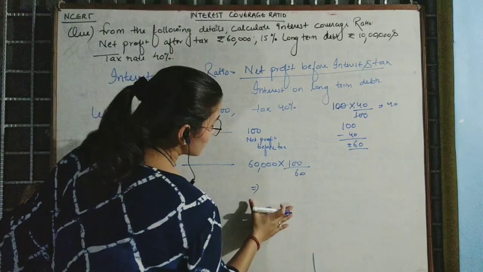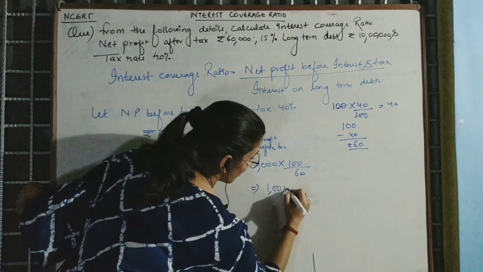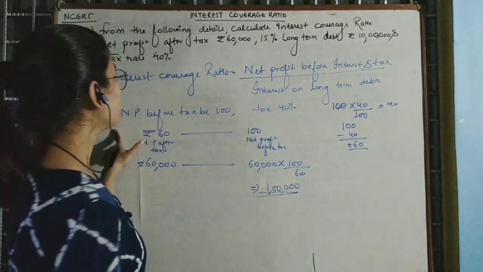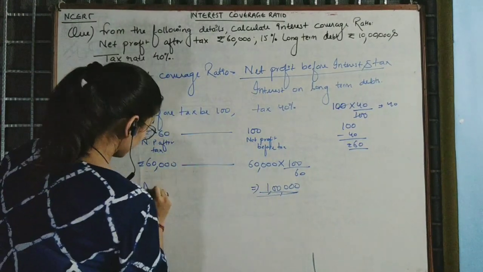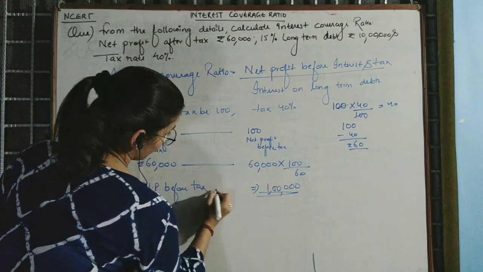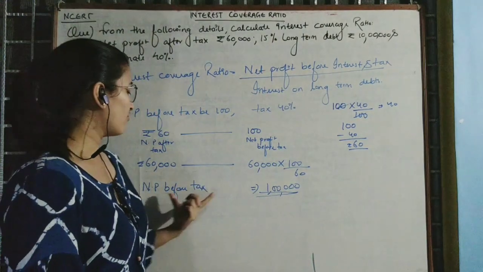By calculating this, we will get the amount 1 lakh rupees. So 1 lakh rupees is our net profit before tax.